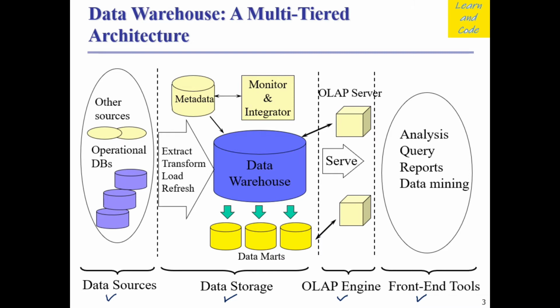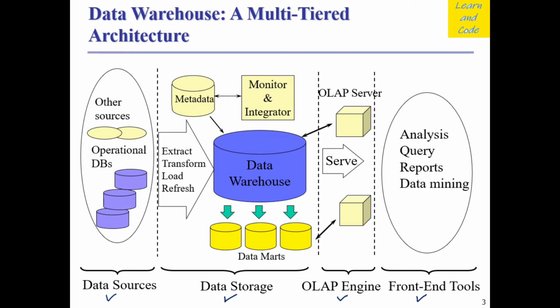First of all, as we are all aware, a data warehouse is basically an integrated collection of historical data. So we have data from multiple heterogeneous sources, right? And we have already discussed that the data may be from relational databases, from files, from the web, or entered manually, and other sources may be there.